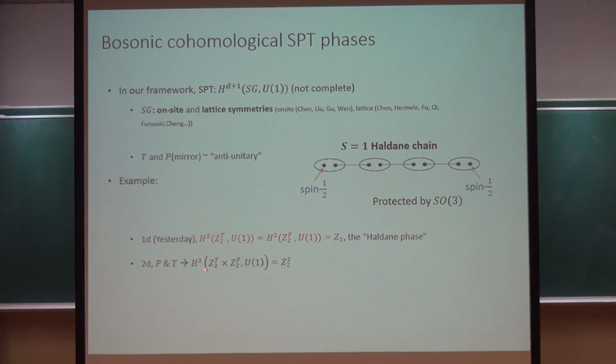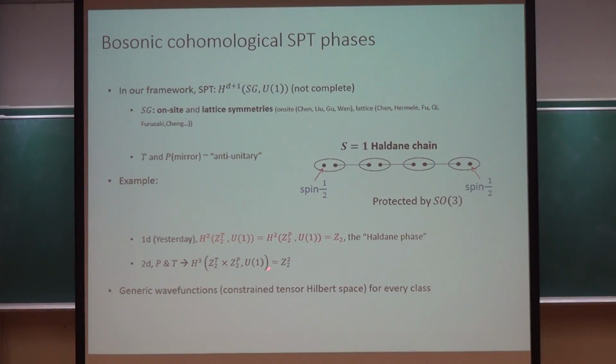For example, if you have both translation and mirror symmetry in two spatial dimensions, it tells you that you have 4 different SPT phases. One of them is trivial, so you have 3 non-trivial SPT phases in 2D. You can, of course, work on other examples.